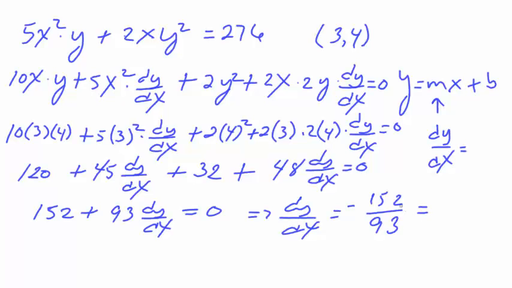Does that reduce down? Think about that for a second. It might. 93, no, that doesn't reduce down to anything. So dy over dx is negative 152 over 93.